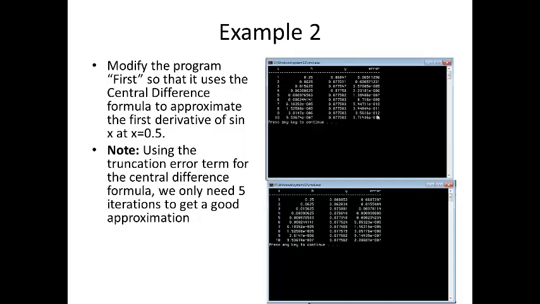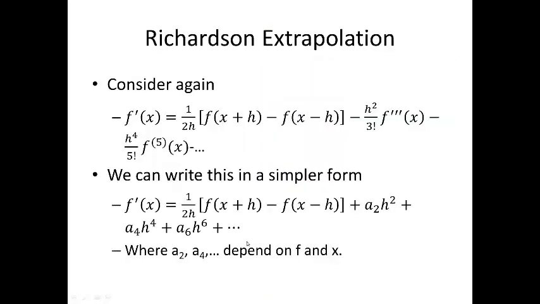Now let's turn our attention to a process called Richardson Extrapolation. So consider again f prime of x is equal to 1 over 2h times f of x plus h minus f of x minus h, minus h squared over 3 factorial f triple prime of x, minus h to the 4th over 5 factorial times the fifth derivative of f evaluated at x.